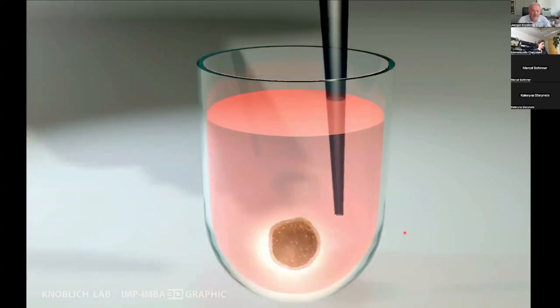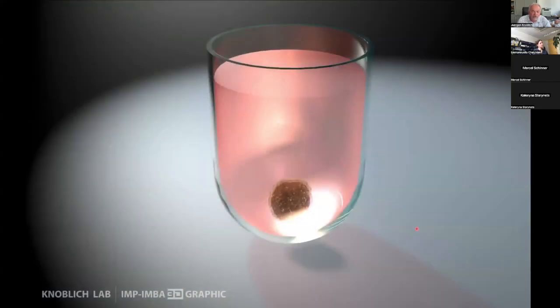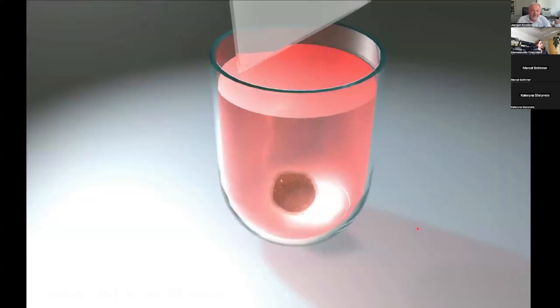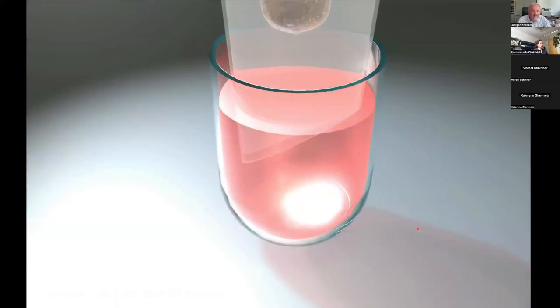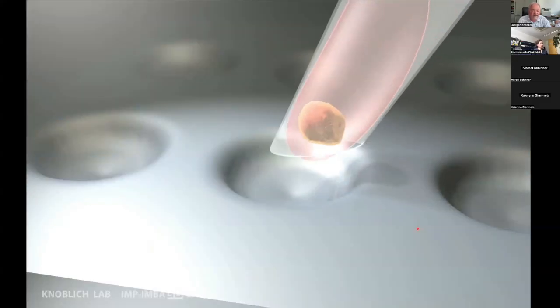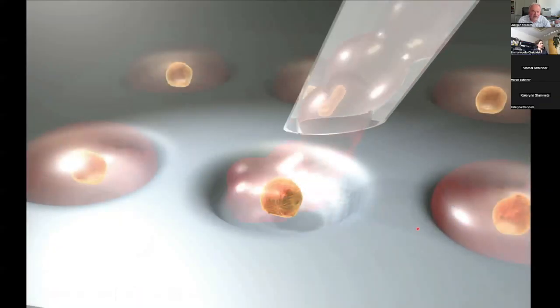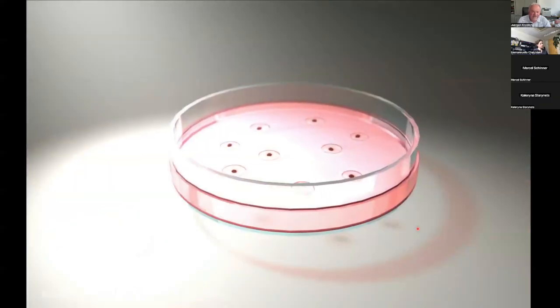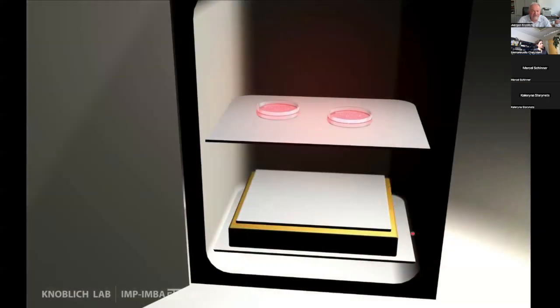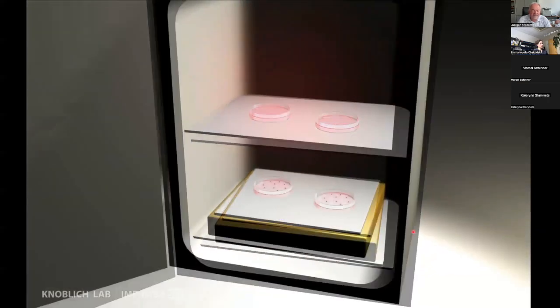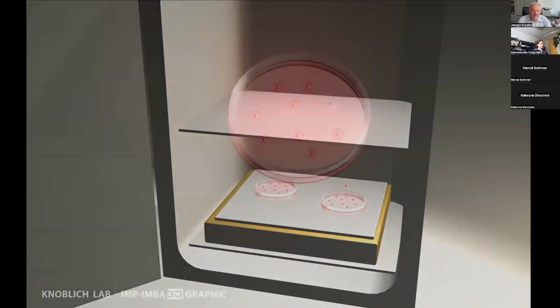We then change the media to push them along neuroectoderm fate. And then we place these balls of neuroectoderm into a substance that is called matrigel. Matrigel is a collagenous substance that mimics extracellular matrix, and the organoids grow inside the matrigel on an orbital shaker.